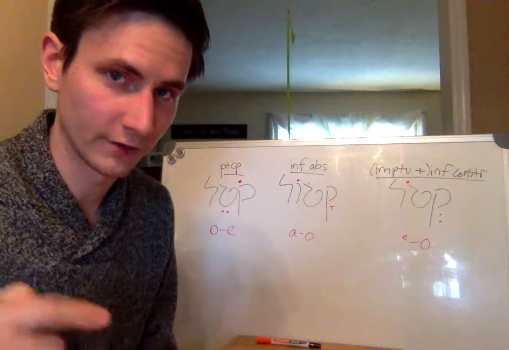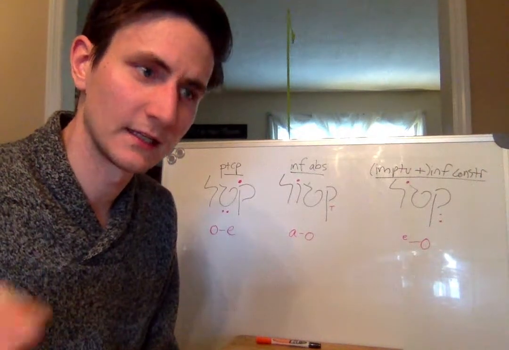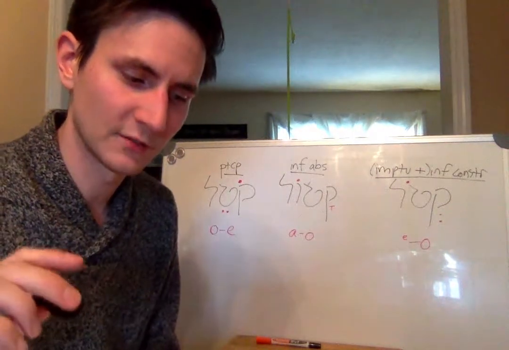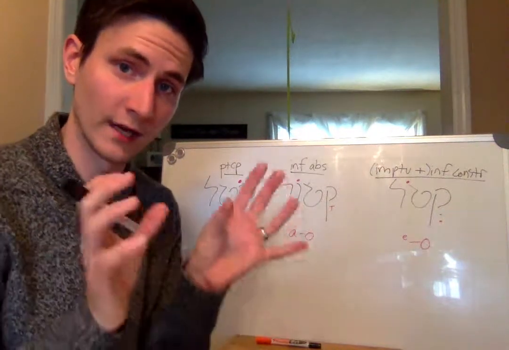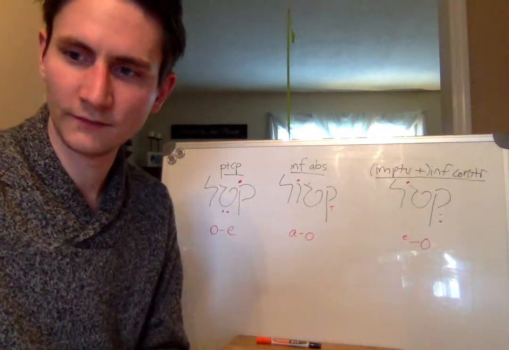So it's kind of a wild card, as they say. So don't worry about that too much. You can always look that up in a lexicon or with Bible software. But most of the time, you're going to see an infinitive absolute paired with a regular verb to make its meaning more intense. Okay?